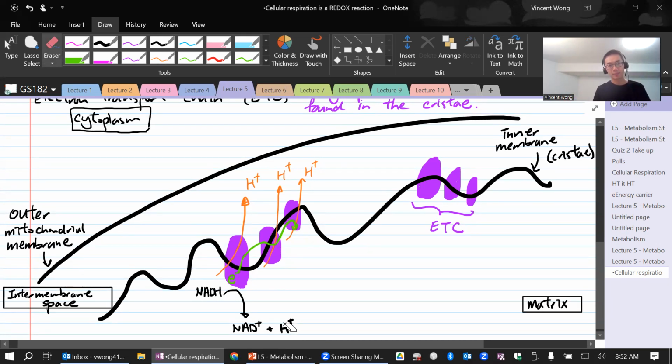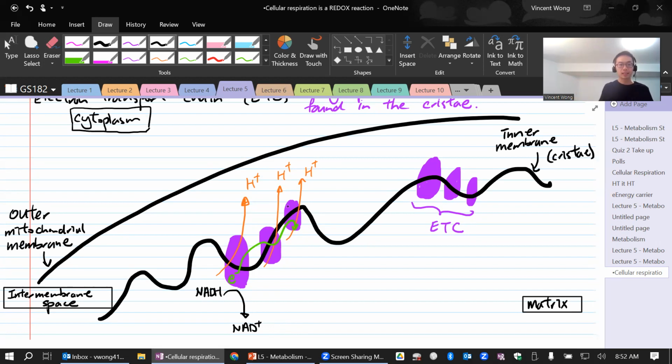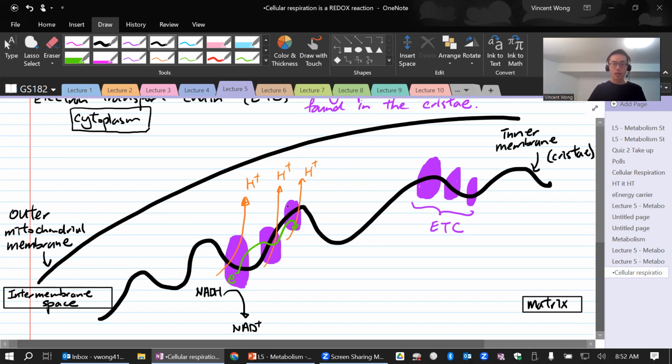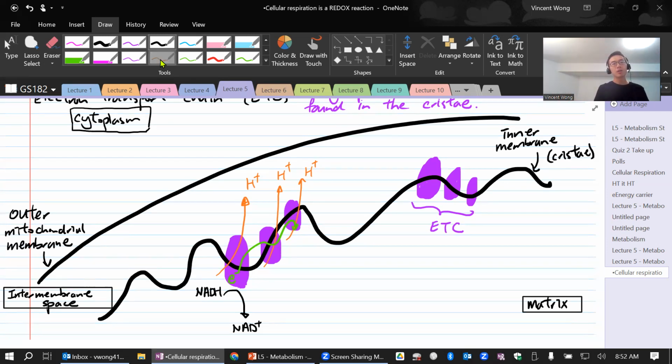So how are they pumped to the intermembrane space? That's why we need the electrons, right? Now, the electron is full of energy, so we use that energy to basically pump them. Now, why do we need to supply energy to pump things? Well, earlier in lecture 4, we learned about active transport, right? That is going from low concentration to high concentration. Now you can imagine this.